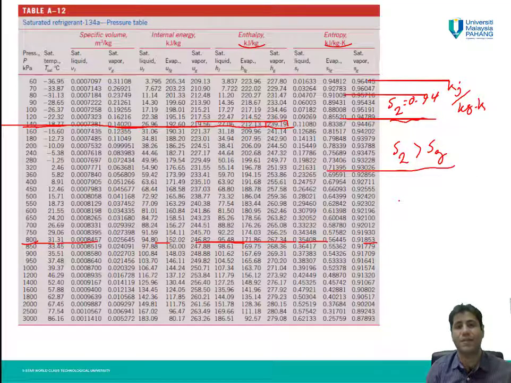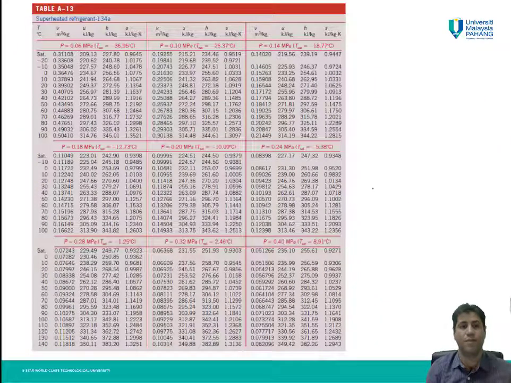So to find the enthalpy for this state, we need to refer to another table, which is the superheated table for the refrigerant or working fluid, which we have here, R134A.